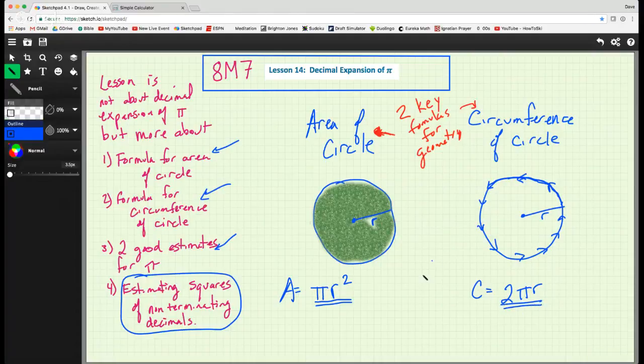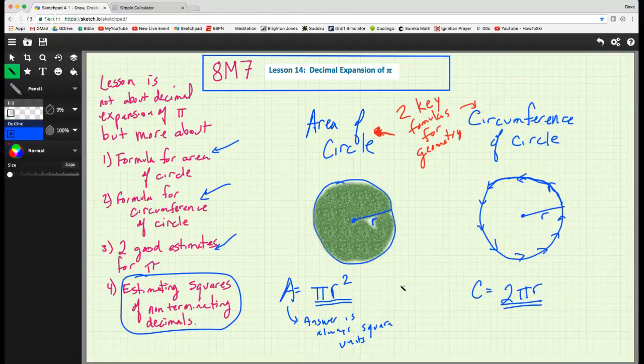One way I remember it is that the answer for area is always square units. So when you find the area of a circle, it'll be like 5 meters squared, or 42 centimeters squared.